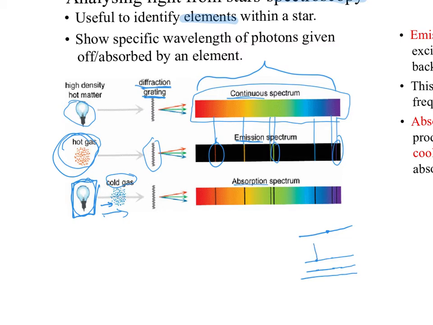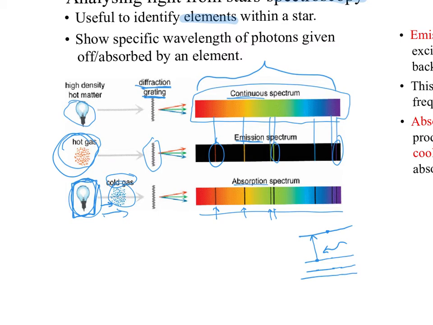So you'll have the electrons going from a lower to a higher energy level, because they will absorb a photon of that specific wavelength or frequency. So if you pass that light through a diffraction grating, you will have the whole spectrum but with missing parts, because those parts would have been absorbed by the electrons in the atoms of the cold gas.